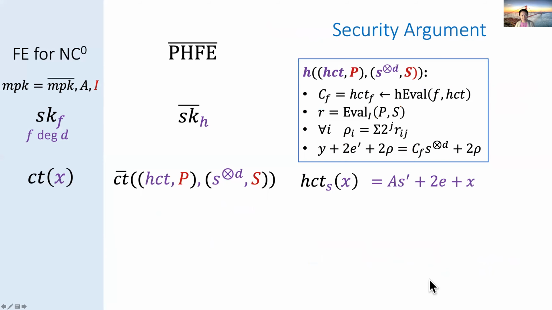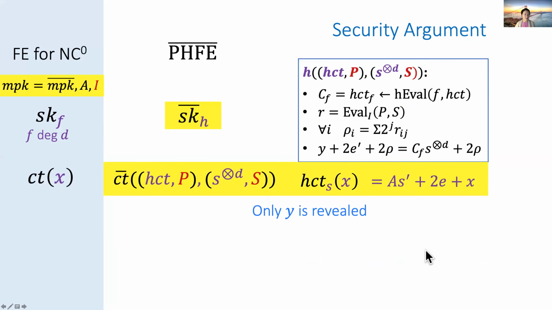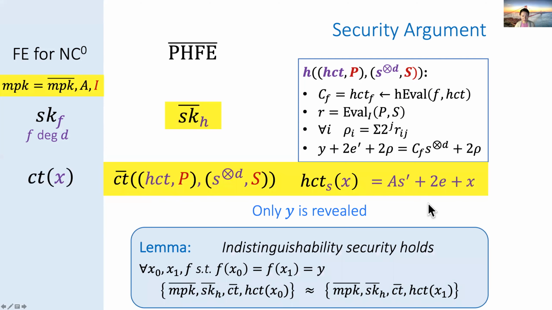And let's finally come to arguing about the security. Recall that for security, we would like to show that given the master public key, the secret key, as well as the ciphertext of the scheme, only the output is revealed, and all other information about X remains hidden. This is captured through indistinguishability, in the sense that ciphertexts on these distributions corresponding to one input versus another should remain indistinguishable as long as those two inputs have identical output.